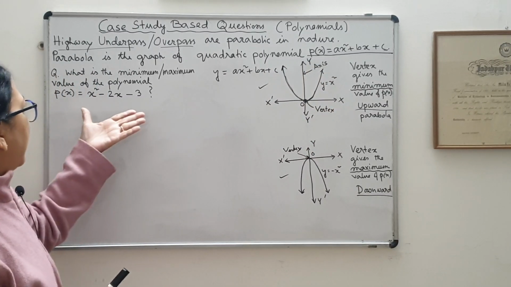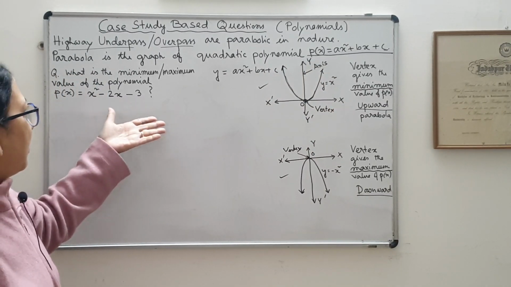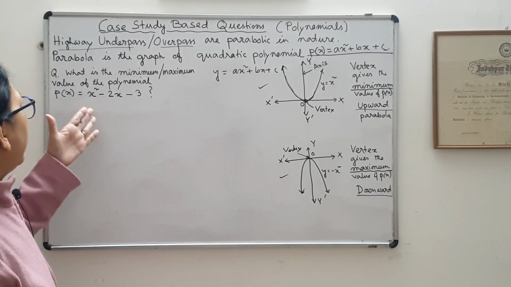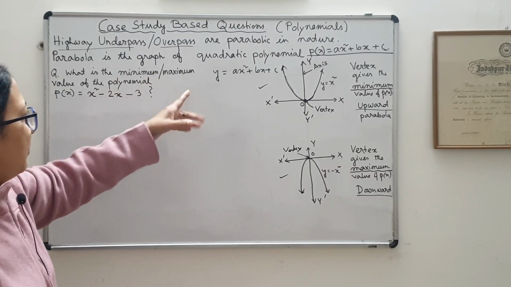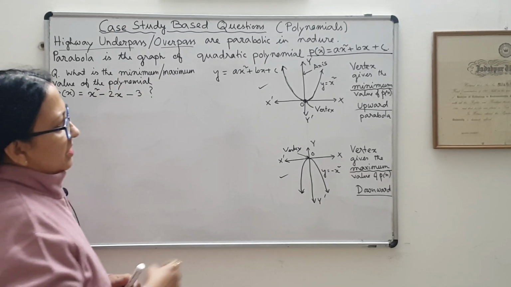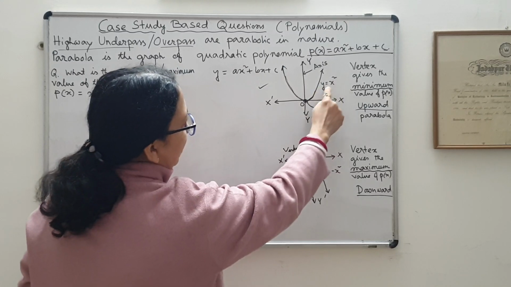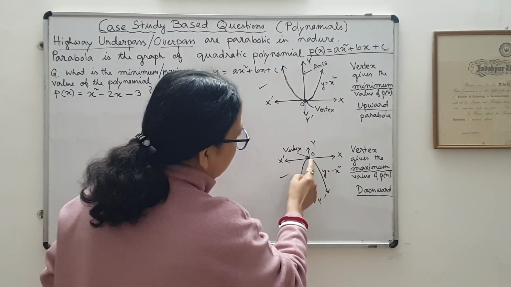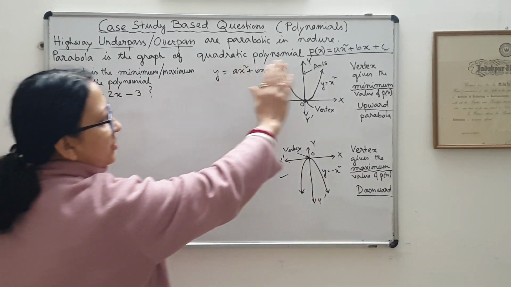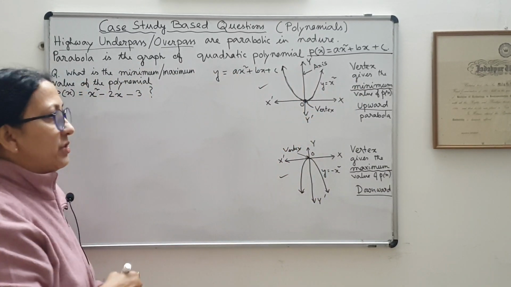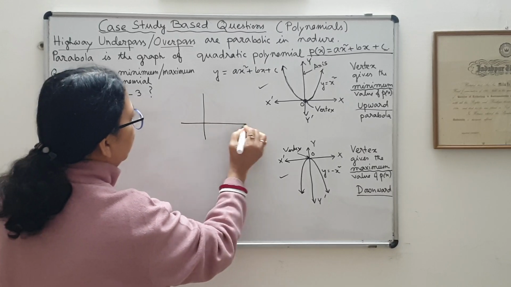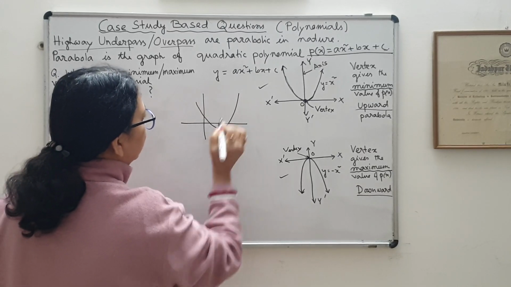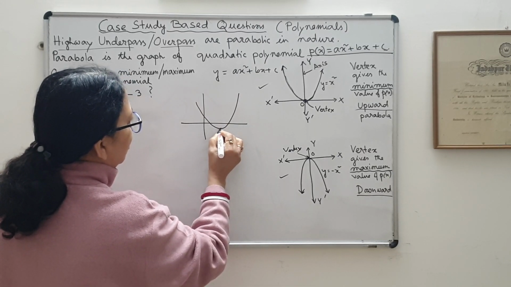Okay, so I have some idea about the nature of the parabola. It will be an upward parabola. Okay, fine. Now what to find, minimum or maximum value? Now you see, this is a typical case when y is x squared, the vertex is 0. But in general, this vertex cannot be at the origin. It can be like this. You see, it can be like this, then the vertex will be here.